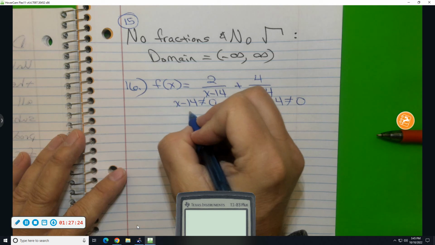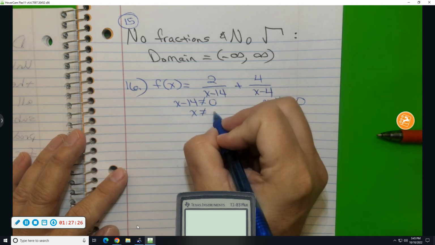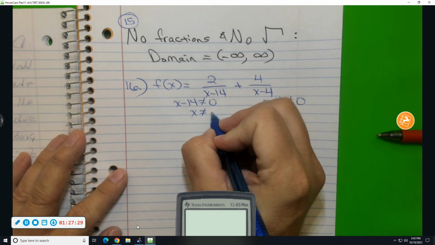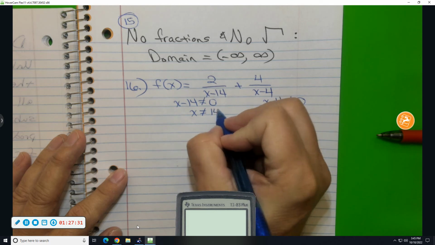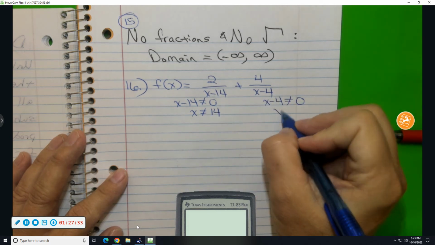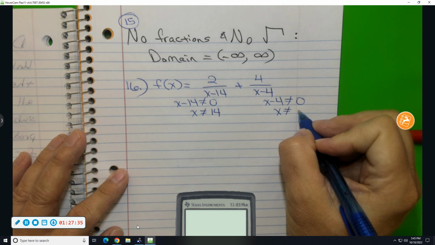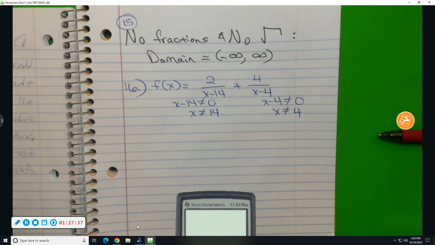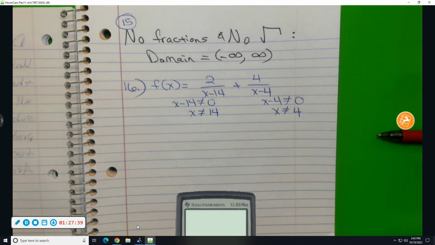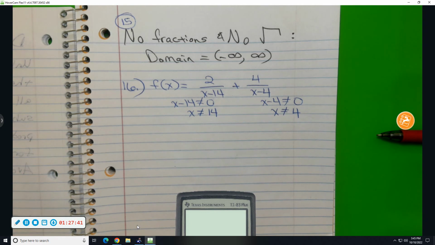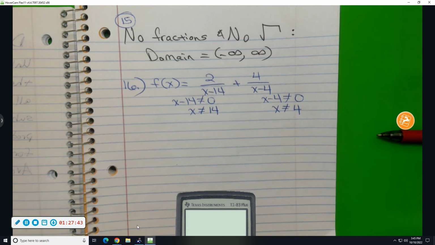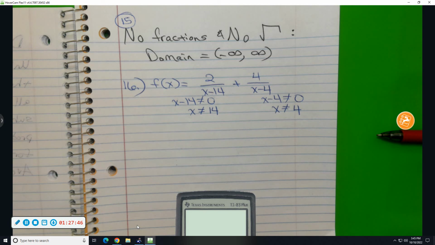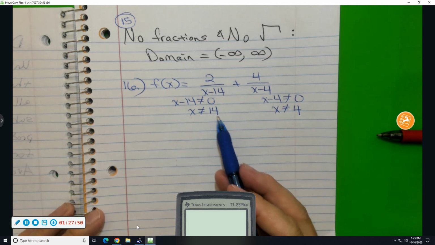That means x cannot equal positive 14. Oh, are you doing this one here? X can't equal 4, positive 4, and positive 14. Could x equal 50 million? Yes. The only things that you can't use for x values are 14 and 4.